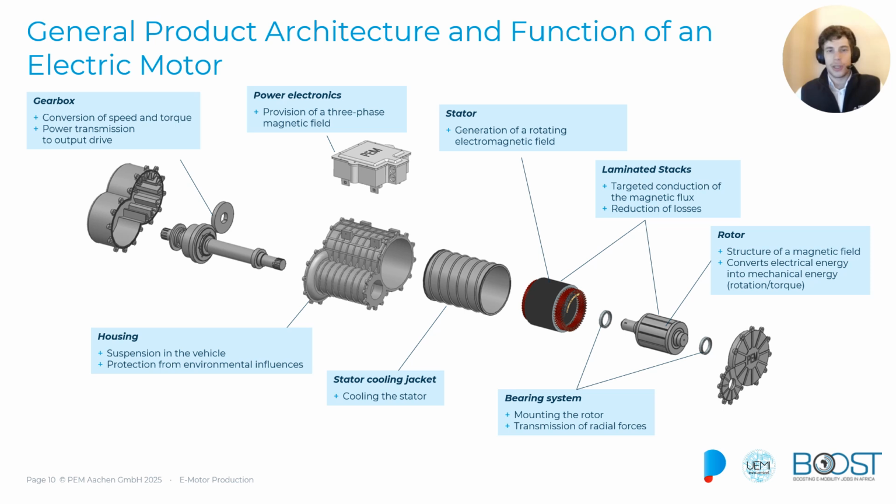Then we see the power electronics, which switch the DC from the battery to a three-phase AC for the magnetic field. And we see a gearbox, even if this is not necessary.